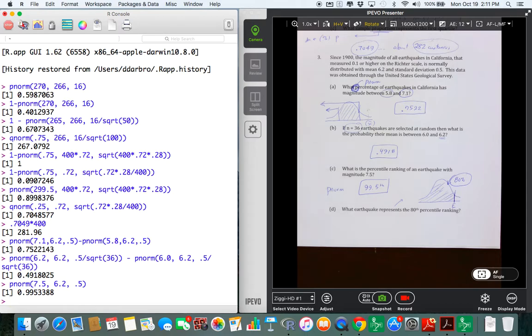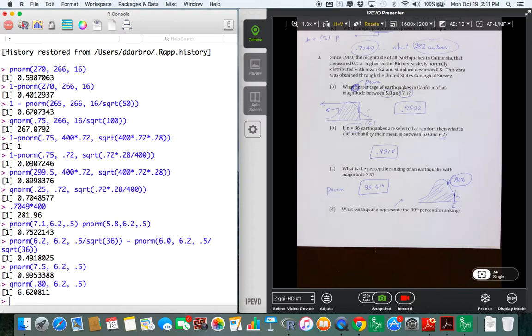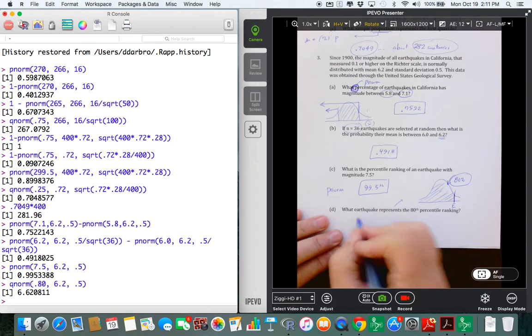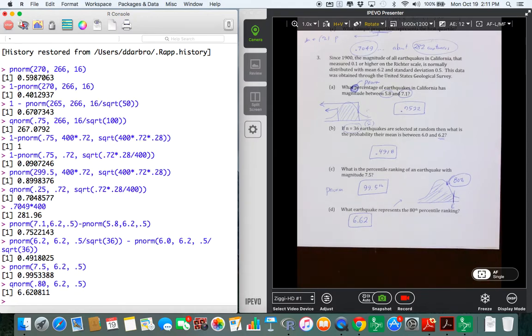Well, guys, you should know by now that's a Q norm problem. So 0.80 or 0.8, either one. Mean, standard deviation. So an earthquake of 6.62 on the Richter scale would represent the 80th percentile.